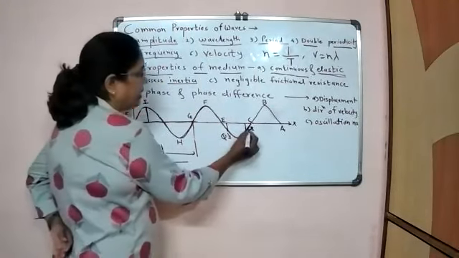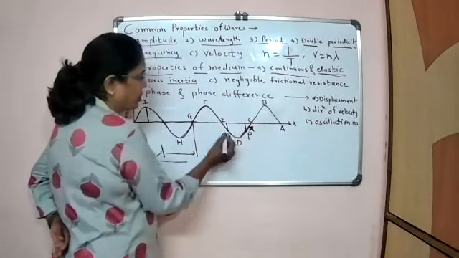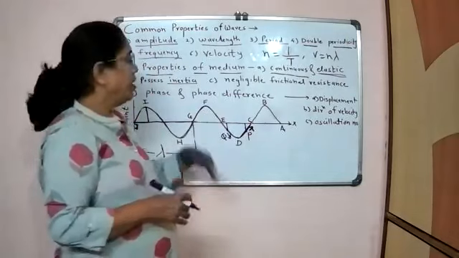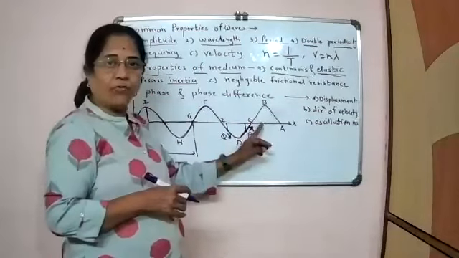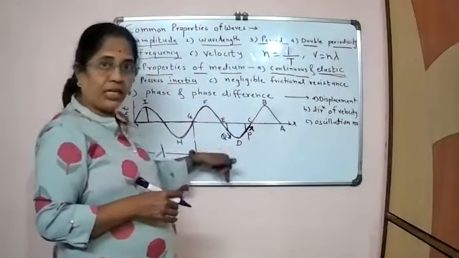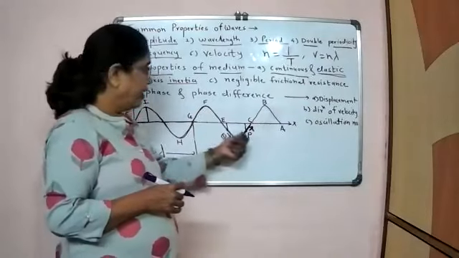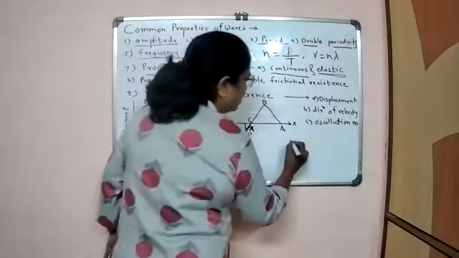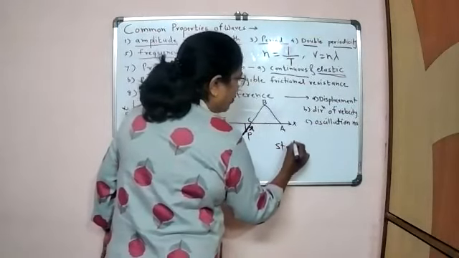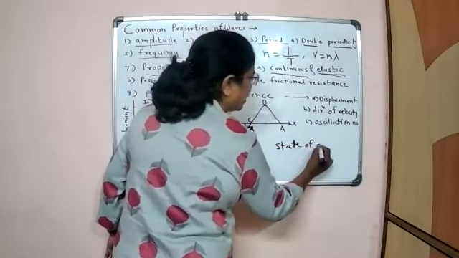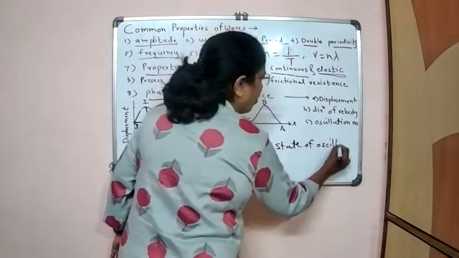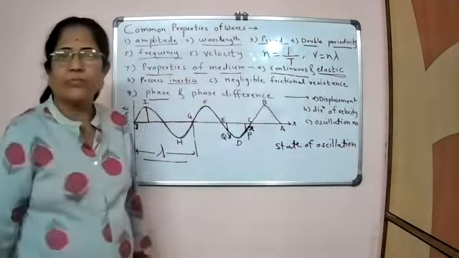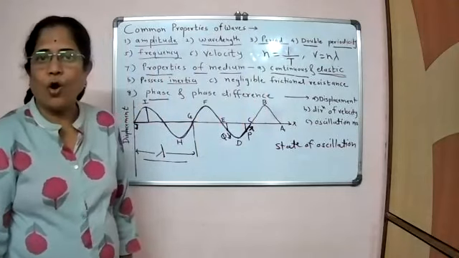P particle has this direction of velocity whereas Q particle has this direction of velocity. म्हणजे पुढच्या क्षणाला P particle असा वर जाणार आहे आणि Q particle असा खाली येणार आहे. म्हणजे P आणि Q एकाच फेज मध्ये नाहीये. What is phase? फेज म्हणजे काय, state of oscillation.